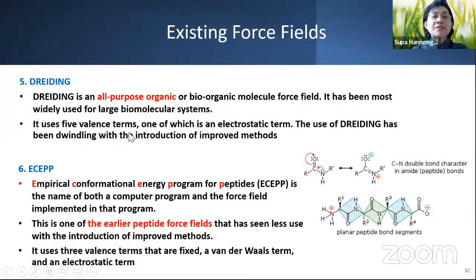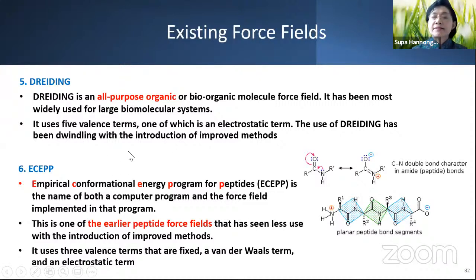It uses 5 valence terms, one of which is an electrostatic term. The use of DREIDING has been waning with the introduction of improved methods. Okay, it's quite famous.